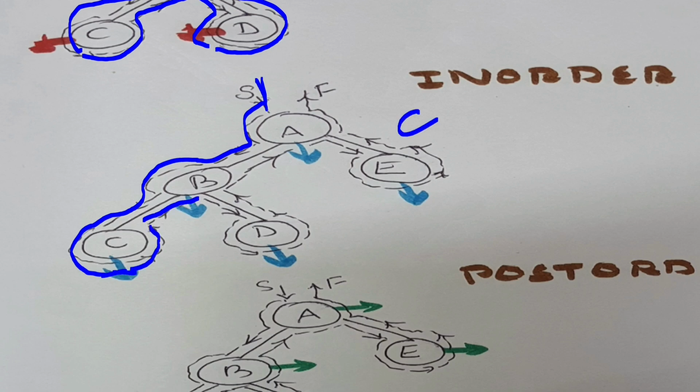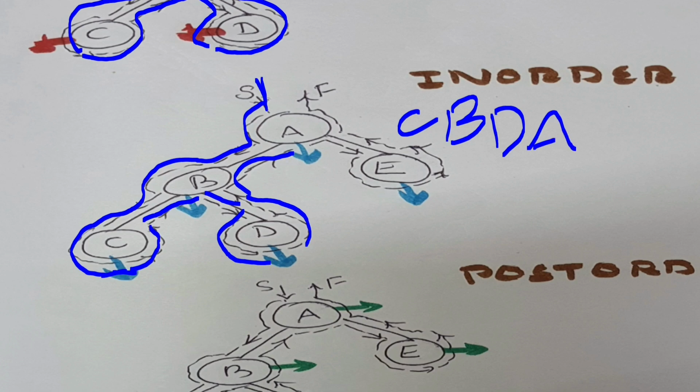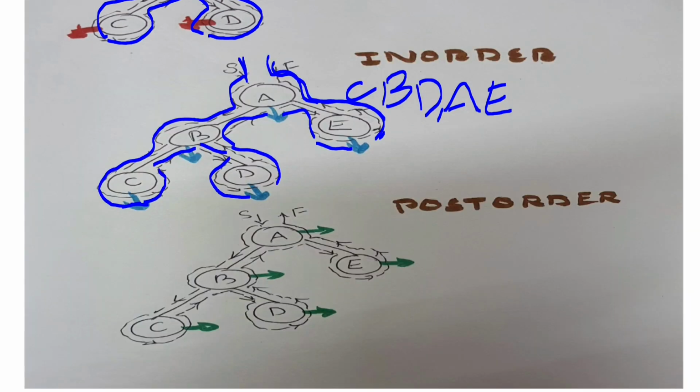So in this path next B, so in this path next D, so in this path next A, so next E. So if you continue till finish line, it is over. So C to B, B to D, D to A, A to E is the in order sequence for the given tree.